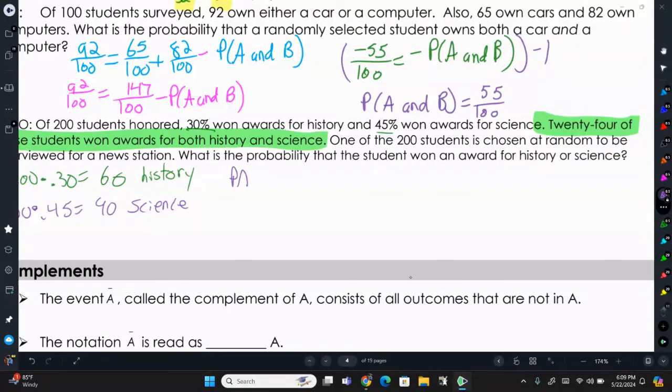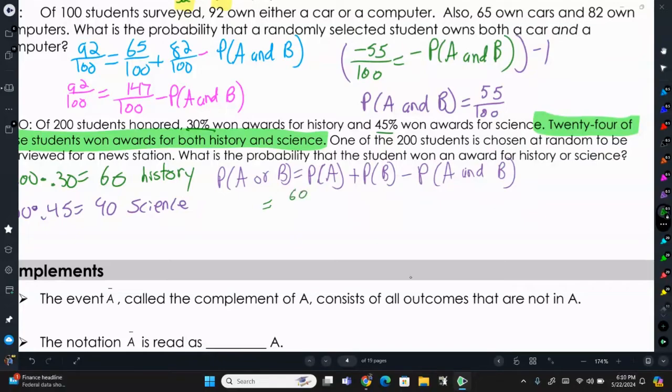So the probability of A or B equals the probability of A plus the probability of B minus the probability of A and B. So we can call A history or science, it doesn't matter. So 60 out of 200 plus 90 out of 200, 90, not 900, minus 24 out of 200.